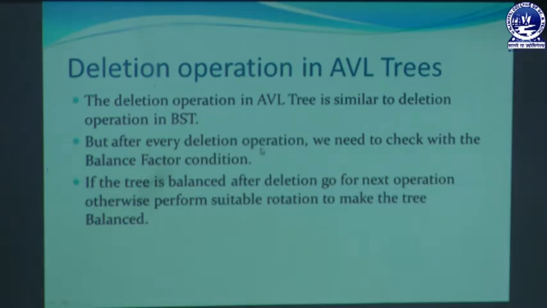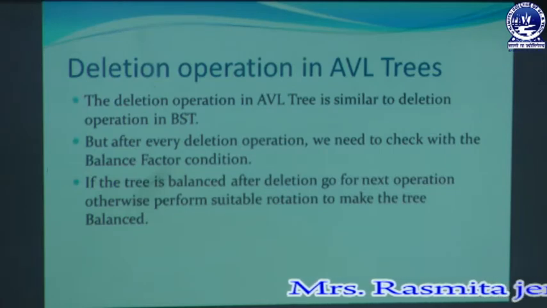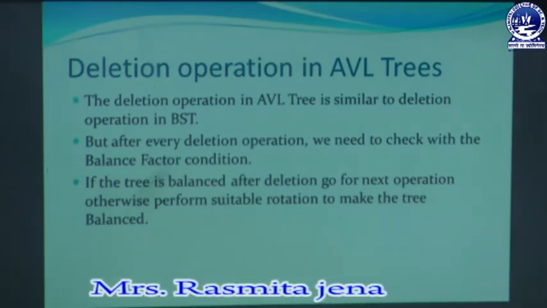In the same process, when we delete a node from the AVL tree, we need to check the balance factor for each and every node present in the AVL tree. If the tree is unbalanced, that means if any node has balance factor -2, +2 or more, then we must balance it by using different rotations, that is LL, LR, RL or RR rotations.